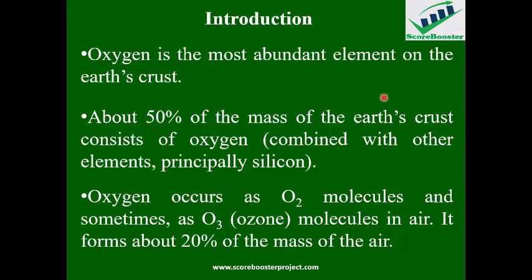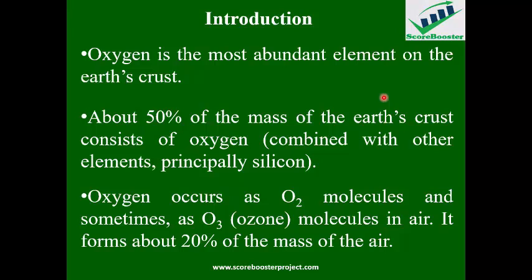This is not atomic oxygen or molecular oxygen in isolation, because somebody will ask, but you said it's 21%. If everything is put together, wherever oxygen appears, whether from compounds, standing alone, or from other things, oxygen is 50% of the mass of the earth crust.